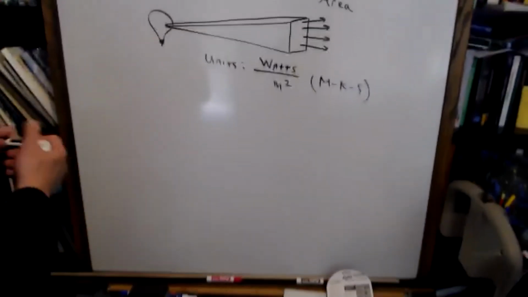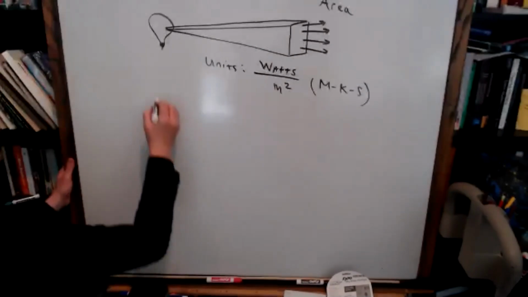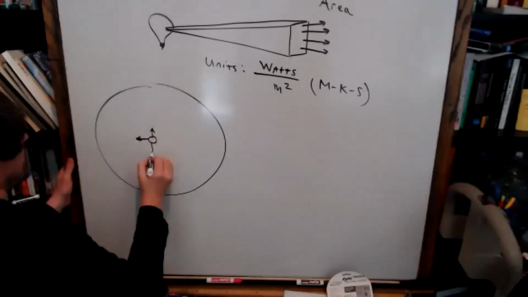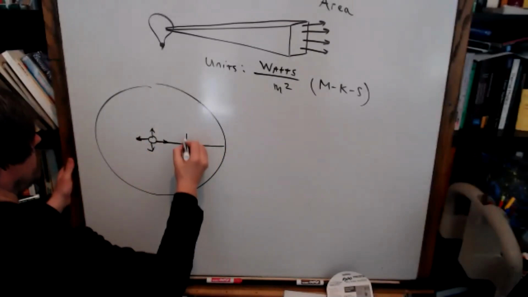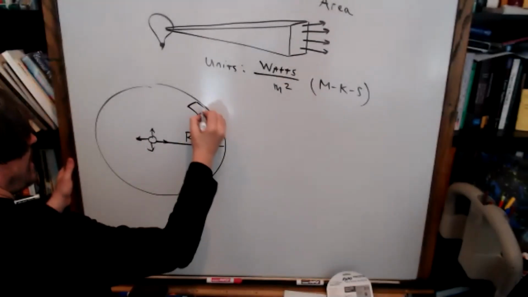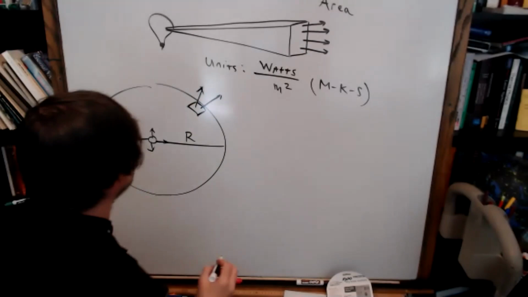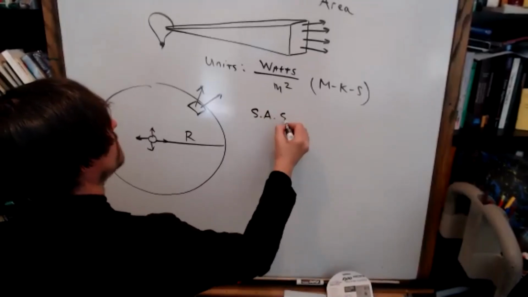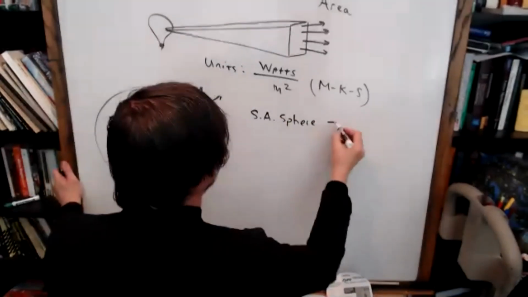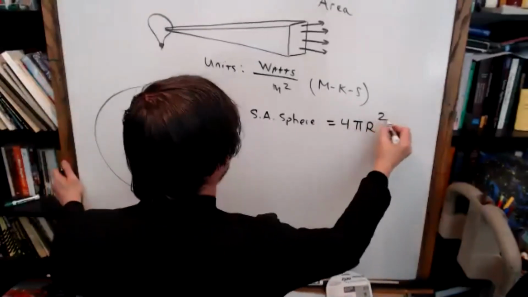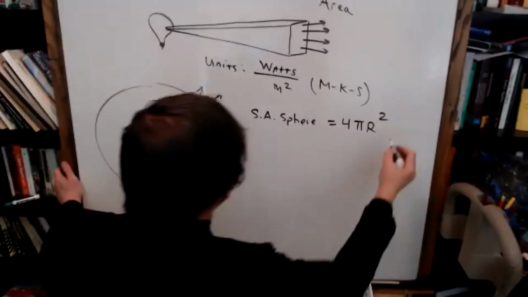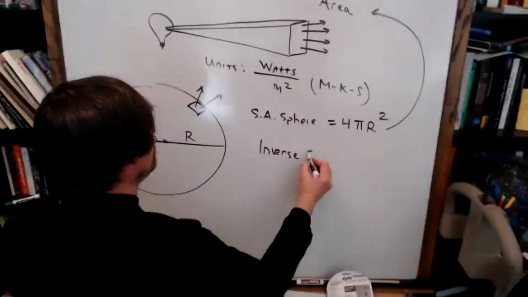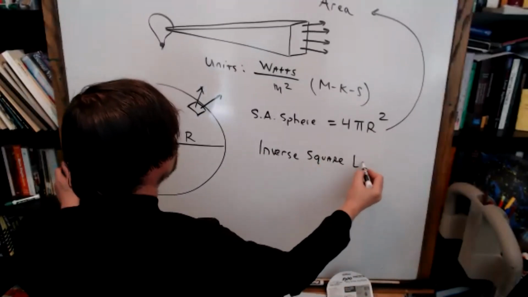If the light is being spread over a sphere of radius r, I can calculate the brightness coming through a 1 square meter panel by knowing that the surface area of a sphere from geometry is 4 pi r squared. If I plug this into my area, I get a legendary formula in astronomy called the inverse square law.